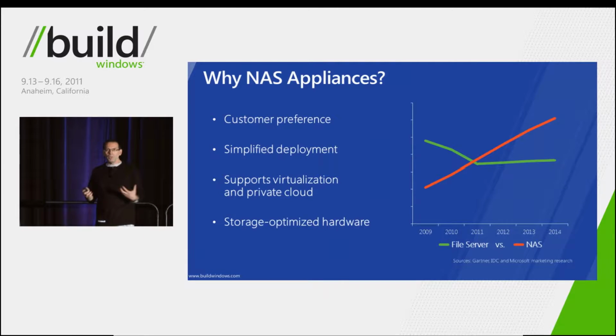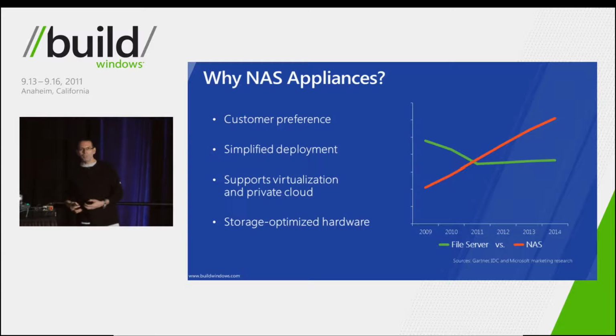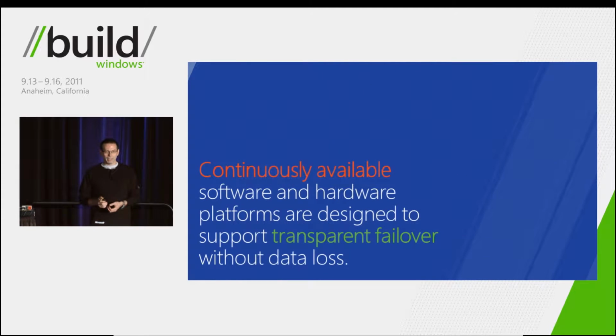So putting these packages together doesn't happen, no matter how good our software is, by taking a CD of Windows Server 8 and installing it on some server that you found under a desk someplace. It really takes some conscious planning to get the kind of performance that the software is capable of and what customers want in data center deployments. So we'll talk a little bit about that as well.